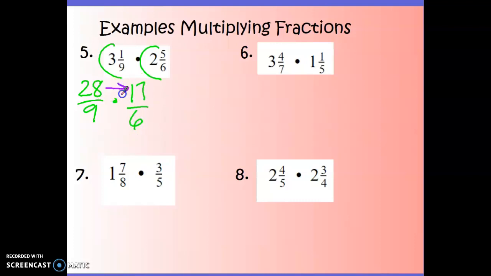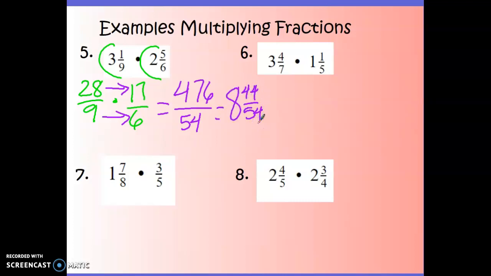Then I multiply numerator times numerator, and I get 476. Denominator times denominator is 54. When I divide that out, I get 8 with 44 over 54. I still have to simplify that, because I can simplify by 2. I write it down below. So I get 8 and 22/27.